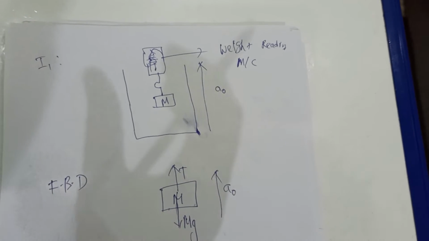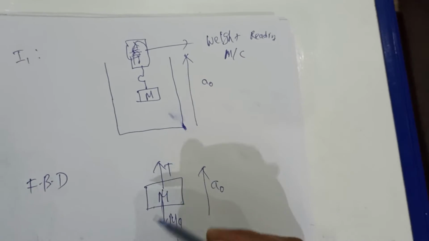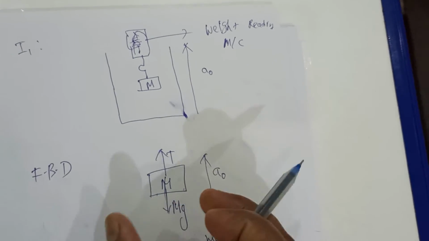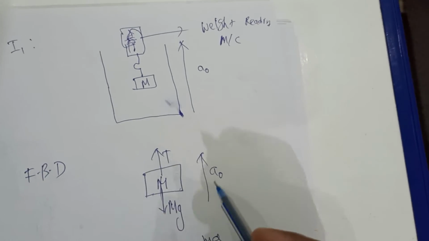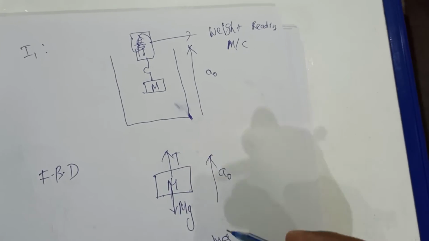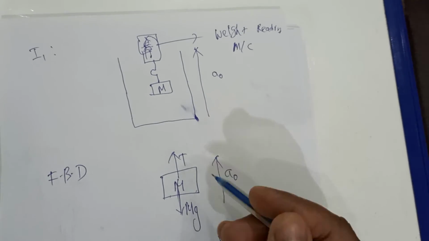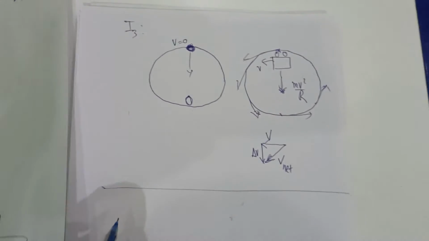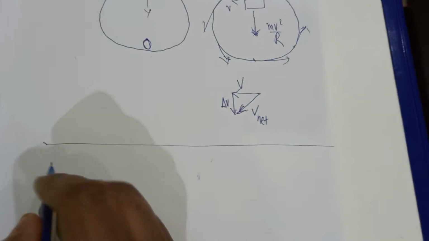We identify one object at a time, and see how many external forces are acting on it, keeping it free from the other objects. So we analyze the system, what forces are acting on it, and based on applying Newton's law, we solve the problem. So here what I am going to do is solve a problem.